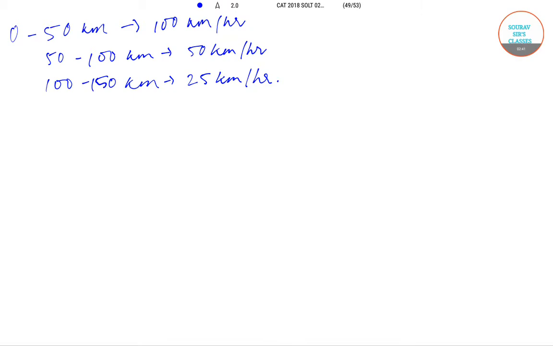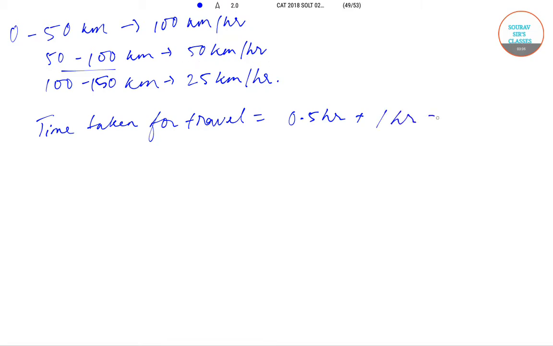Therefore, let us find out the time taken for travel. To travel 50 km at 100 km per hour, you require 0.5 hour, then 50 km at 50 km per hour, you need 1 hour, and then 50 km at 25 km per hour, you need 2 hours. So the time taken for travel for car 1 would be 3.5 hours.